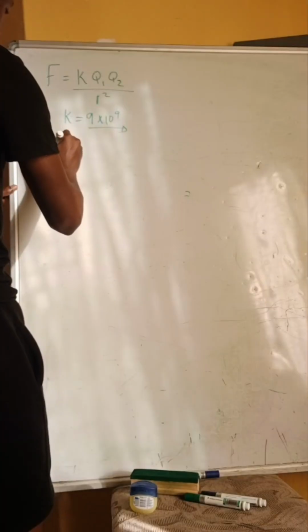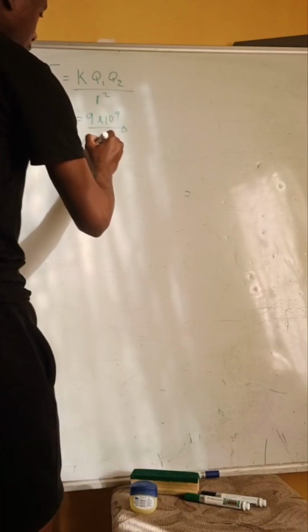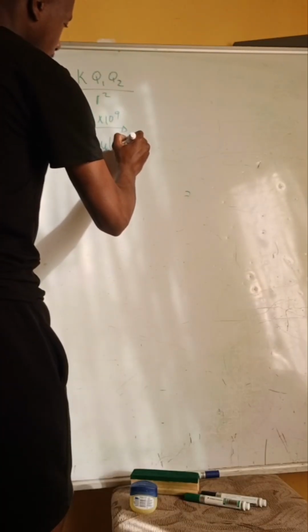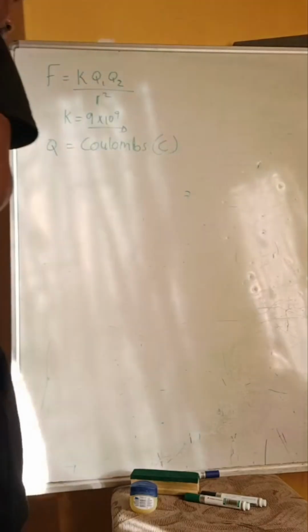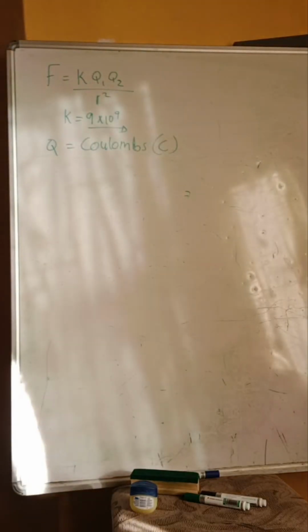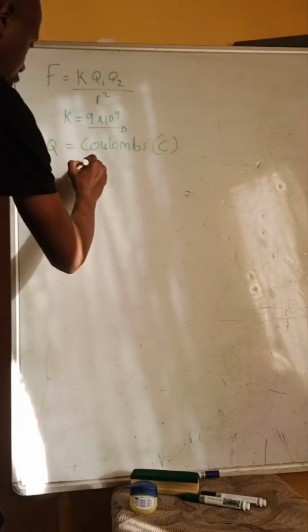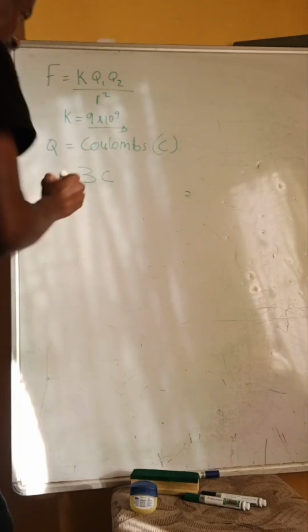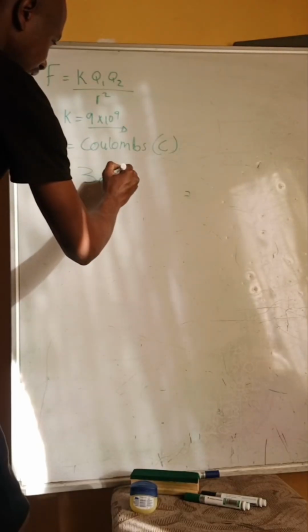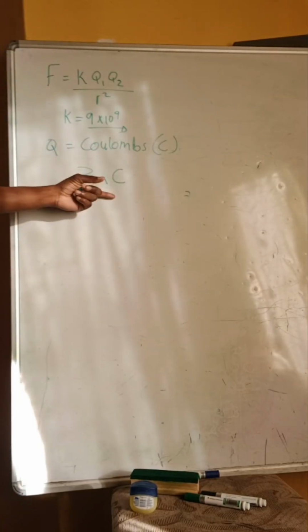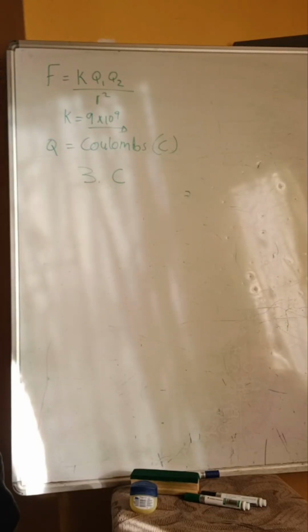And you must always remember that the charges must always be in coulombs, which is a capital letter C. So I'm saying it should be 3C, for example. If it is written as 3 with a small letter n and C, it means you have to convert it to coulombs.